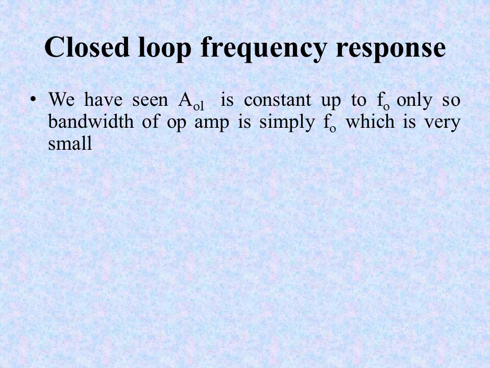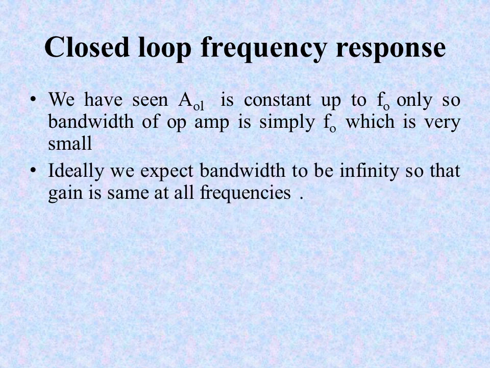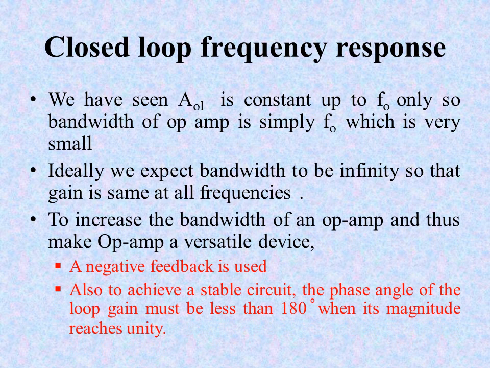So bandwidth is also up to F0, and that is very small. But ideally we want bandwidth to be infinite, and for that gain should be the same at all frequencies.